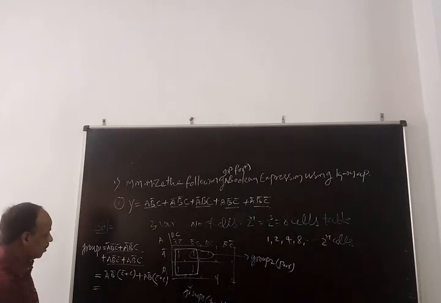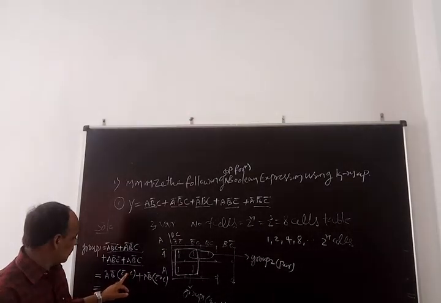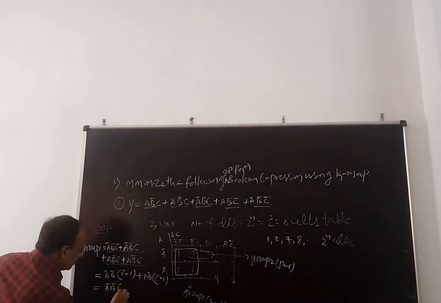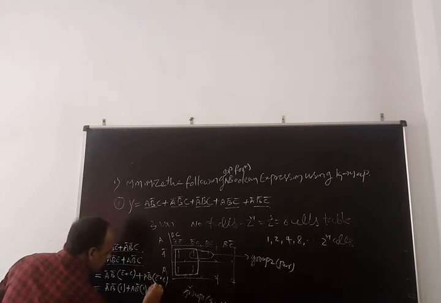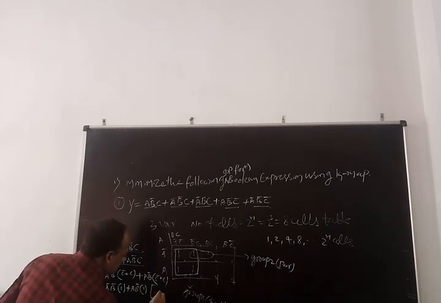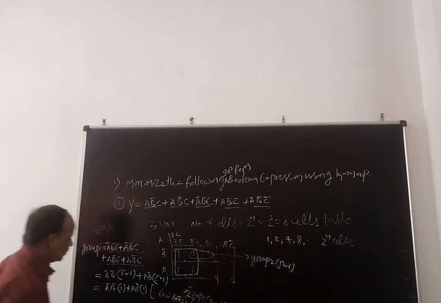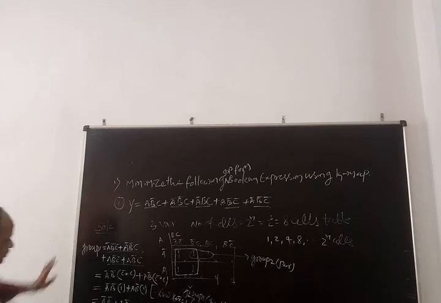So we know x plus x bar is equal to 1. Like this, C plus C bar we have to place 1. Then A bar, B bar into 1 plus A, B bar into 1, because x plus x bar is equal to 1. So now see here, A bar, B bar into 1 means A bar, B bar, plus A into B bar into 1 means A into B bar.